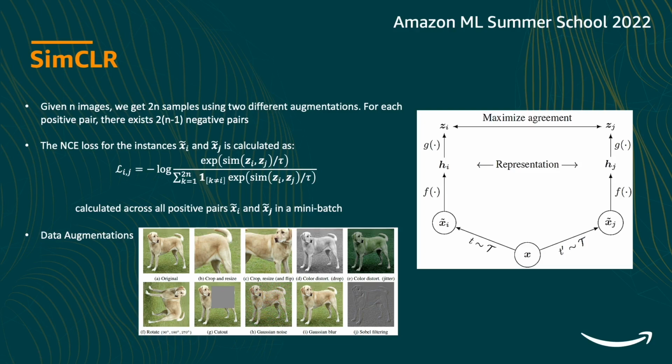And in the numerator, we maximize the similarity between positive samples. And in the denominator, we minimize the similarity between all other negative pairs in the mini batch. And this loss function is computed for all positive pairs in a mini batch. And this similarity here is the cosine similarity.